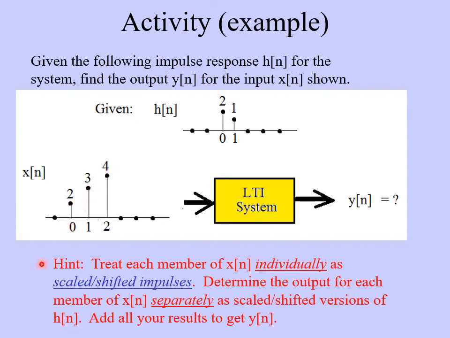So the hint here is to treat each of these input values individually as scaled and shifted impulses, and determine the output for each member of x of n separately as scaled and shifted versions of h of n, and then finally use superposition to add all the results together to get y of n. So go ahead and pause the video and see if you can figure out what the output here, y of n, of this system would be given this and this.